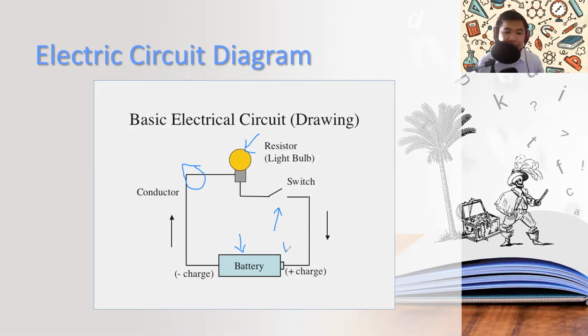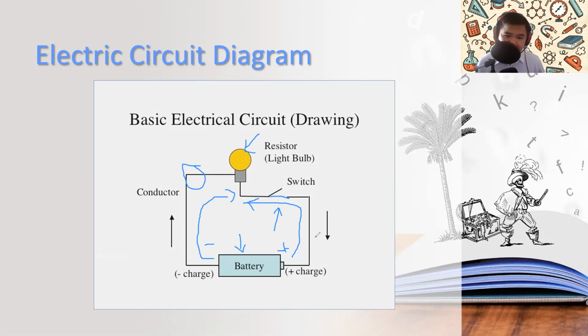Okay? This is the positive charge and the negative charge. In order for there to be electricity, there should be positive and negative. So the electric circuit allows the negative to go here and the positive to go there. This is off, by the way, because the switch is open. If it moves like this, it's on.